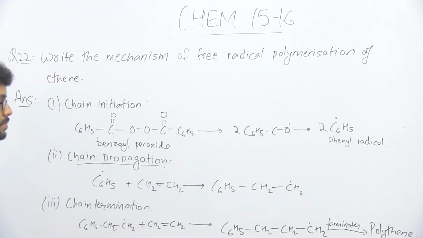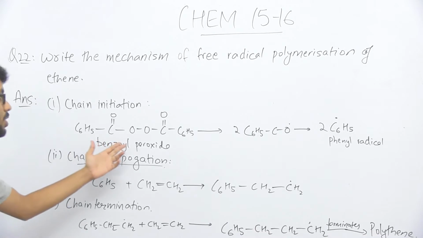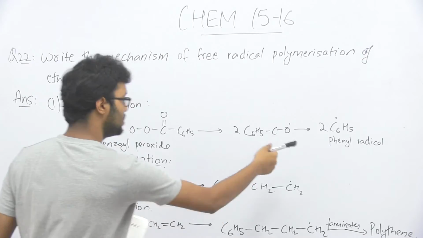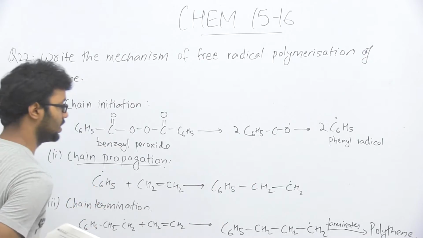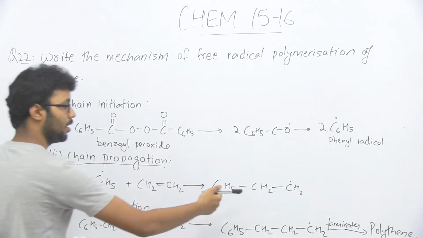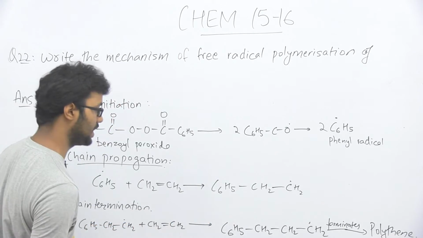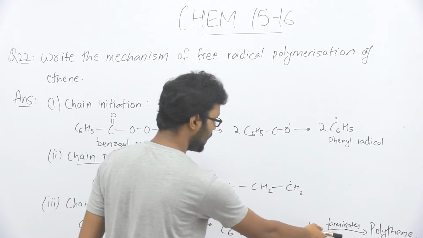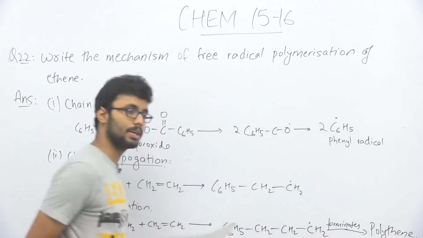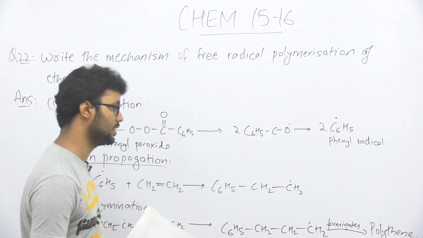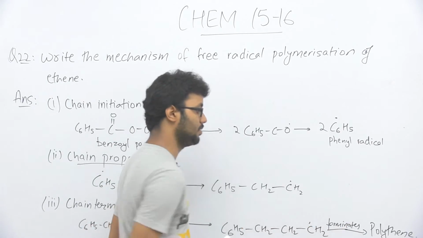So the 3 steps we can see: the chain initiation, where benzoyl peroxide leads to the formation of phenyl radical, which attacks an ethene molecule to form a free radical, which grows with further addition of ethenes, and finally it terminates by the joining of 2 free radicals, and we get polythene polymer.